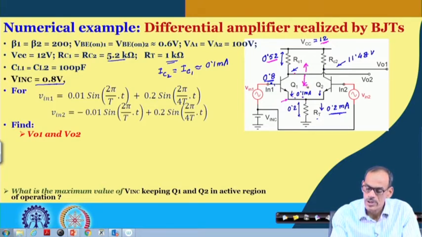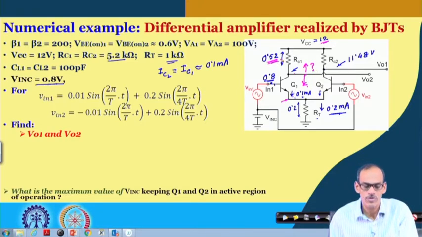So, the lower limit here is 0.5. If it is 0.5 here, the minimum value of the output voltage, then we do have a very good swing of close to 11 volt. So, negative side swing is not a problem, but the positive side swing is very small, 0.52. So, that is the first problem.